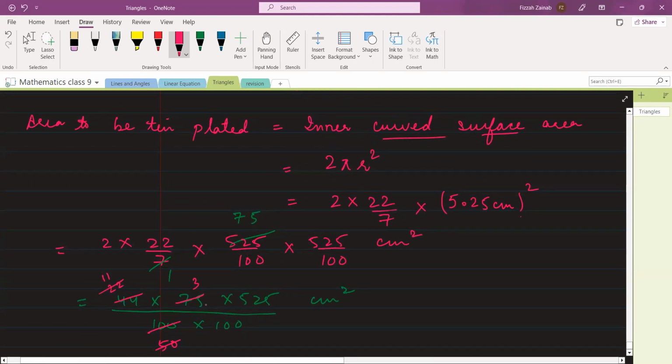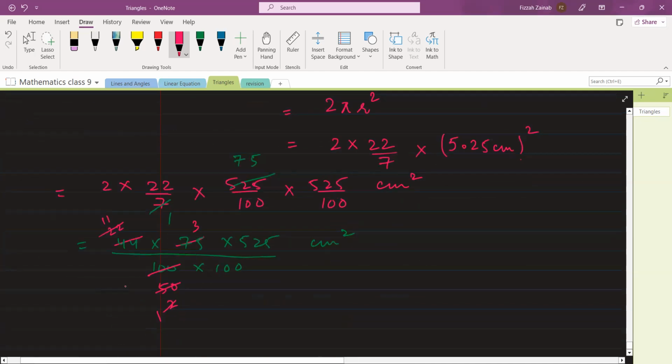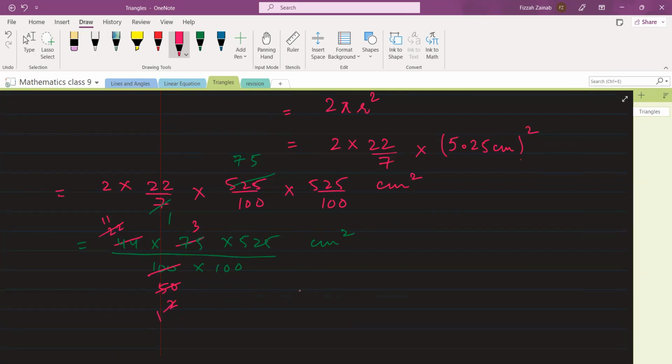So I am just simplifying it a little bit, as you can see. Okay, so 100, let's not disturb it. So 11 into 3 is 33 into 525 and then keep it 100 centimeter square.